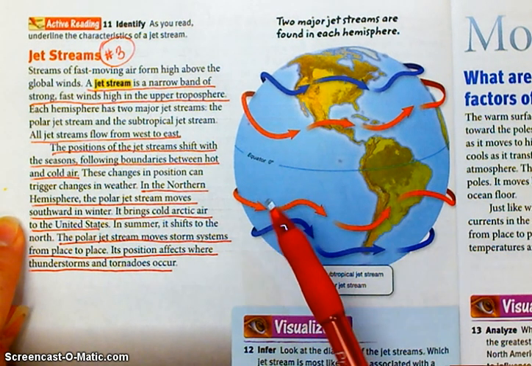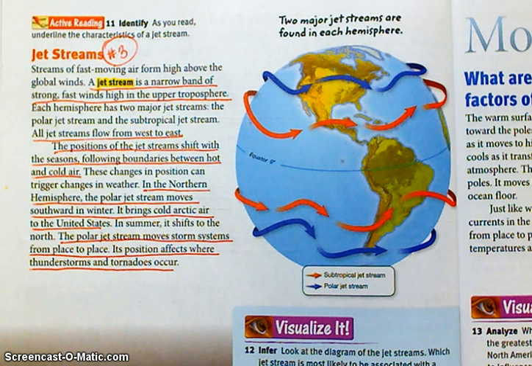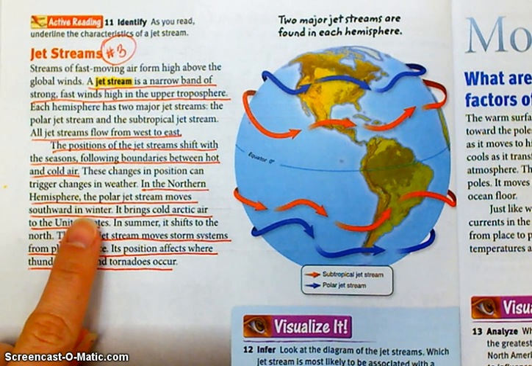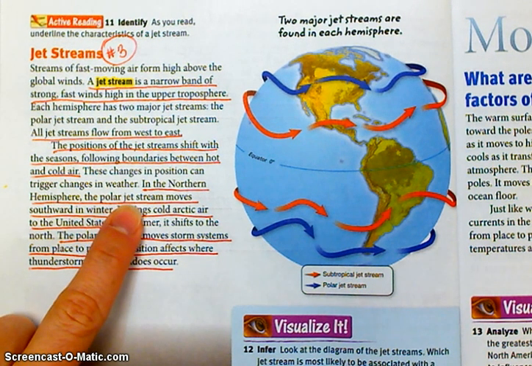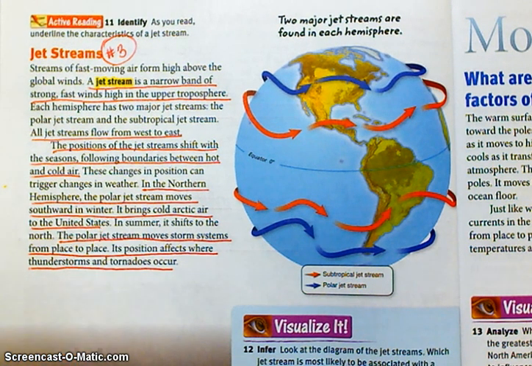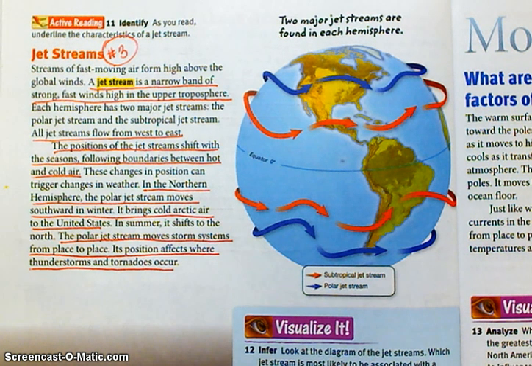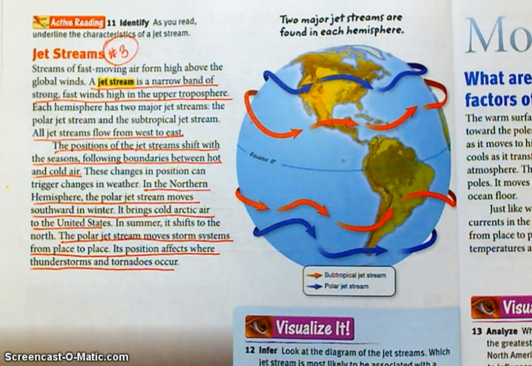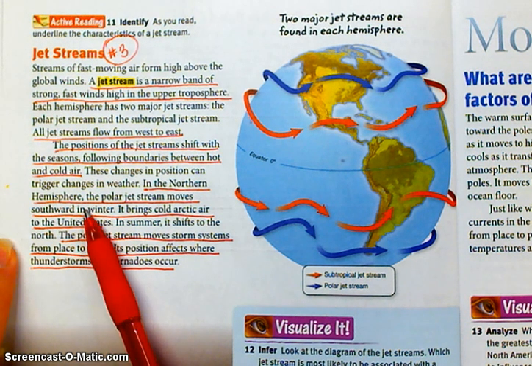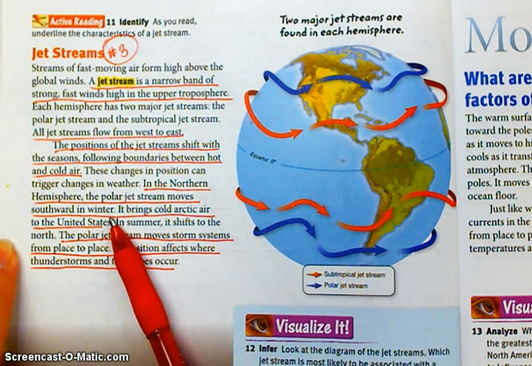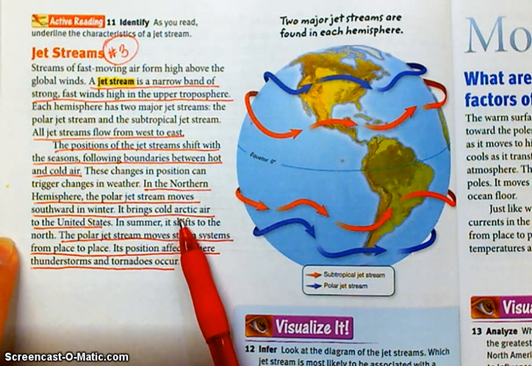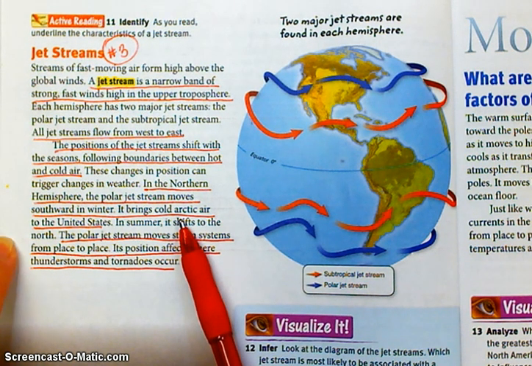In the northern hemisphere, the polar jet stream moves southward in the winter. This is the jet stream that they talk about if you watch the weather forecasts through the winter, and they say that the jet stream may bring very cold temperatures or a cold front or whatever. It has more of an influence on our weather during the winter because it moves southward during the winter and it brings cold Arctic air south into the United States.